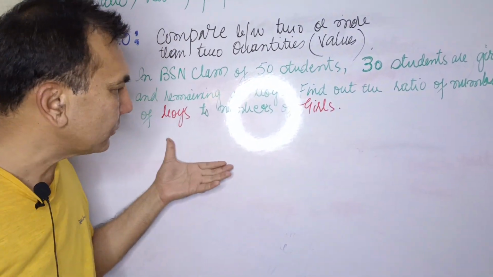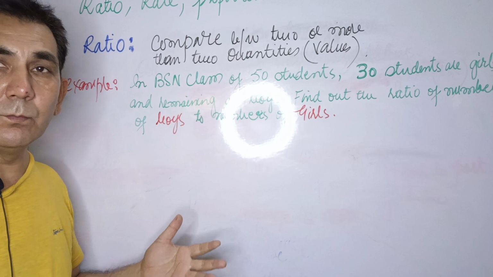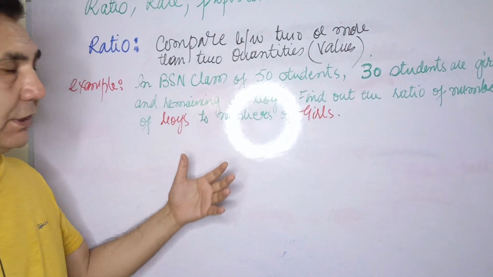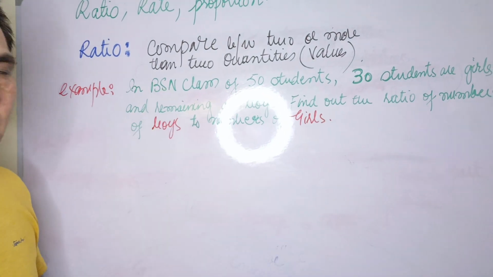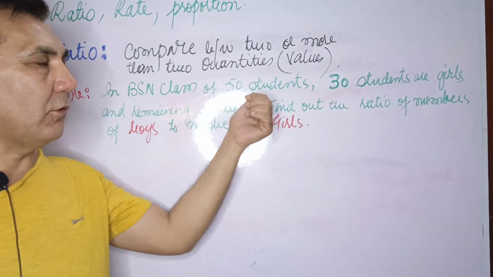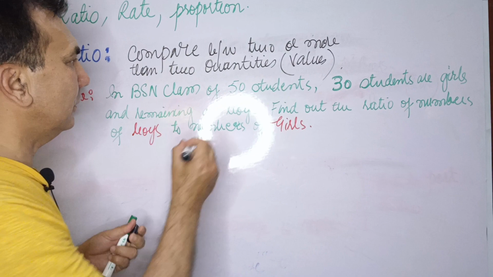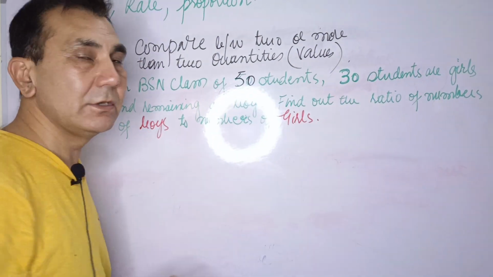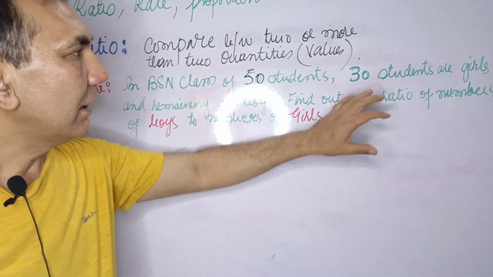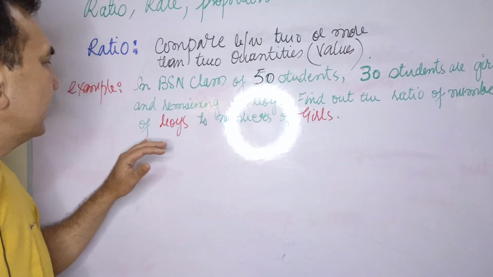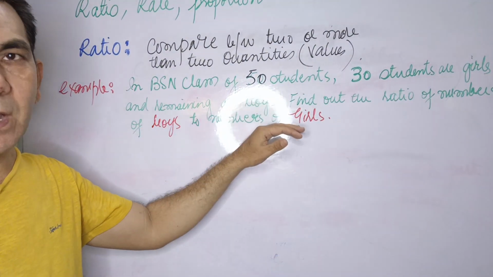Okay, let's learn more about the ratio, or clear your concept about the ratio, with another example. In a BSN class of 50 students, the total number of students is 50. 30 students are girls and the remaining are boys.